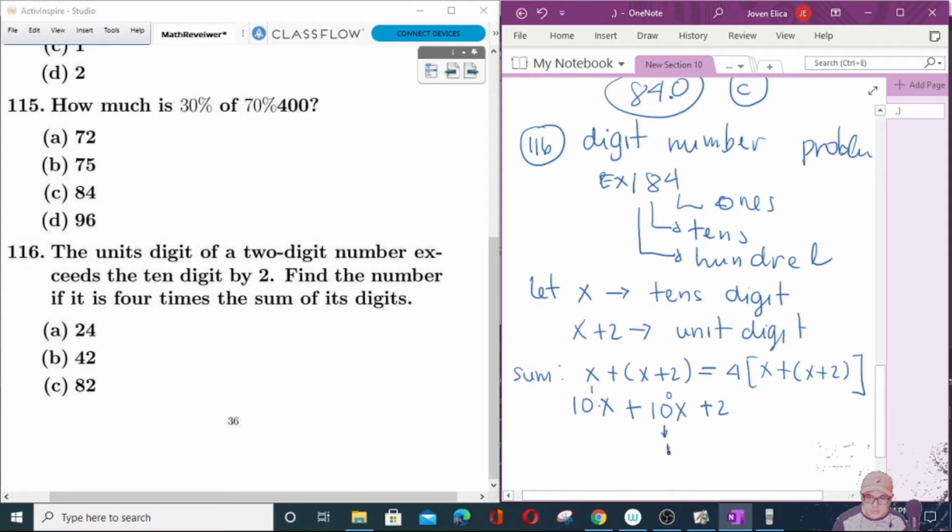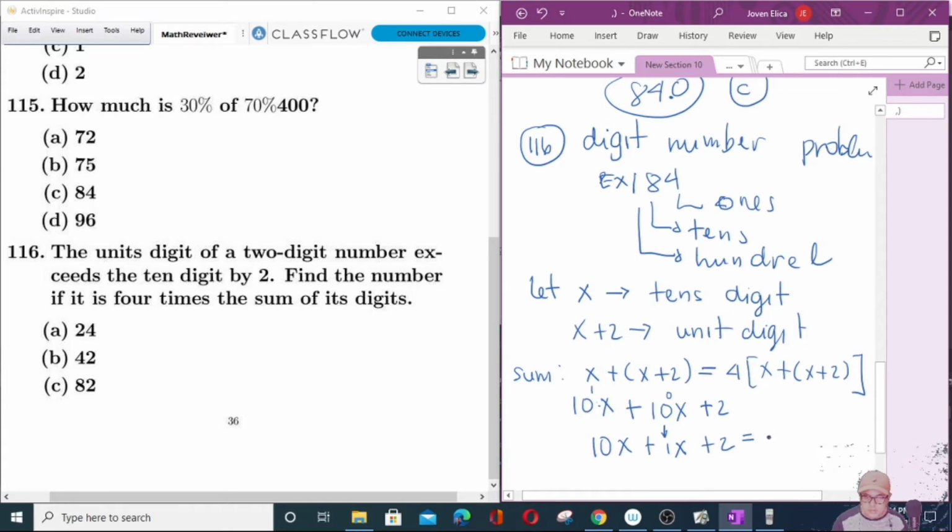So this is 10x plus x plus 2, the tens digit plus the unit digit.